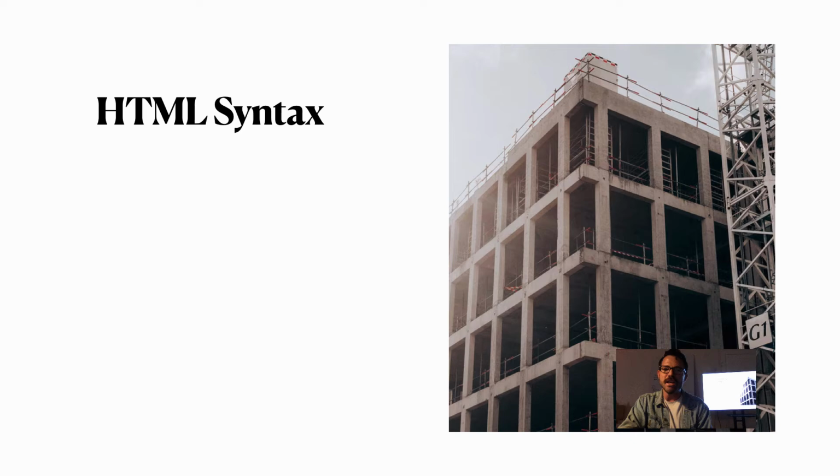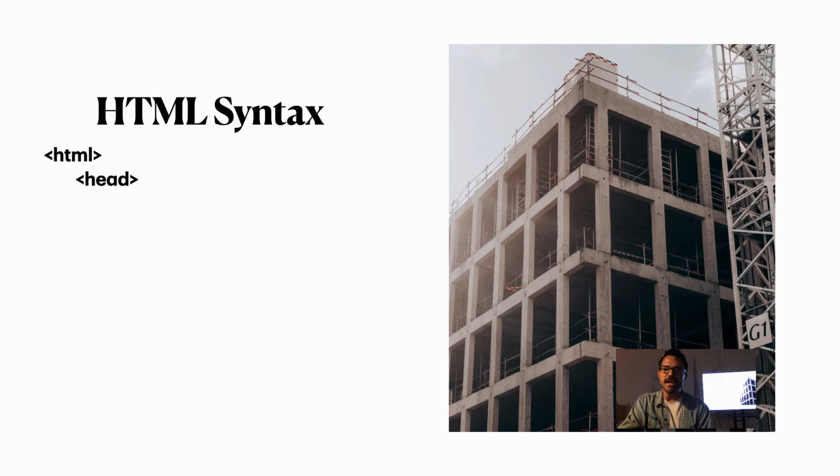Okay, so HTML syntax. We're going to get into how it actually looks when we're doing HTML. So instead of a house, we're going to let the browser know, hey, this is HTML. And we open that with pointy brackets. I don't know exactly what those are called. Saying, okay, start the HTML. And then inside of that, we say, okay, here's the head. And HTML is just a head and a body.